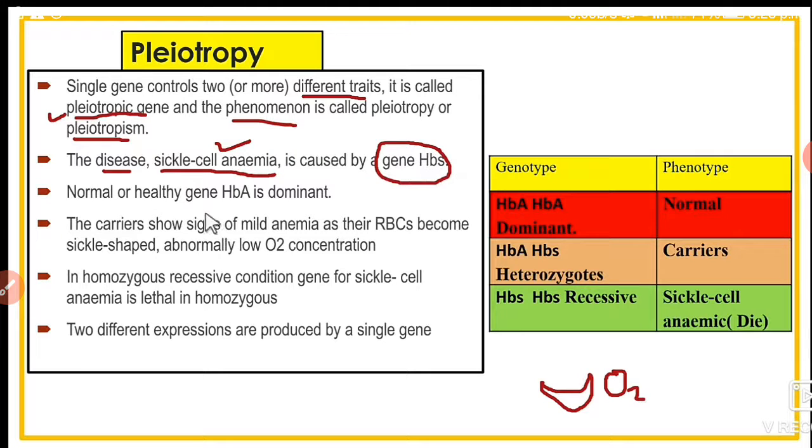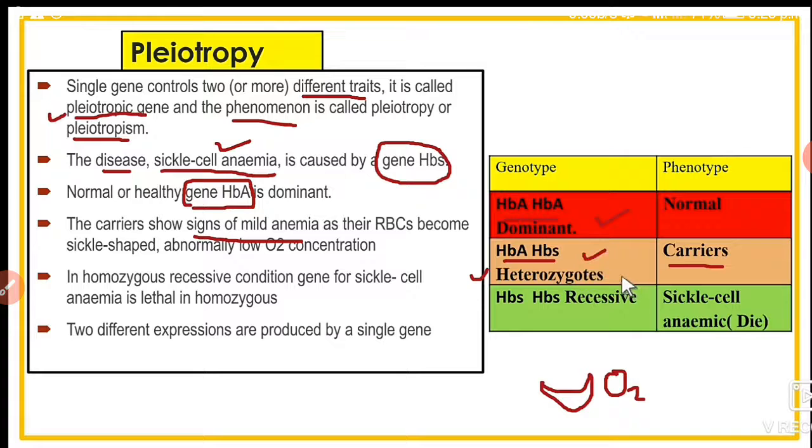This occurs due to the HBA gene, which is dominant, normal or healthy, and represented by HBA. The carrier shows mild anemia. See the genotypes and phenotypes: HBA HBS, in the heterozygous condition, are the carriers. HBA HBA are normal.